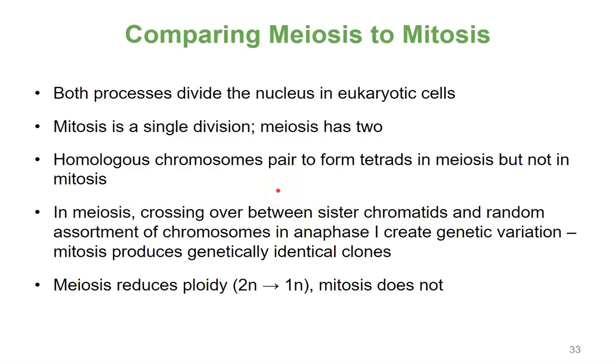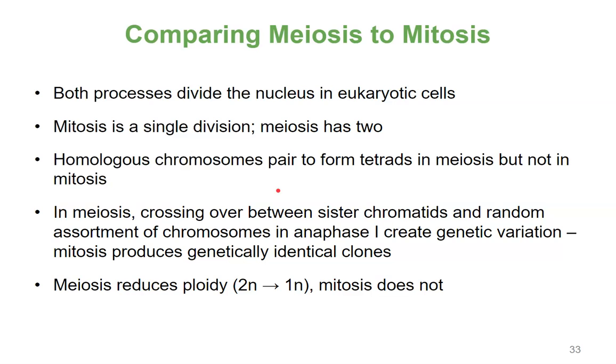So meiosis and mitosis, again, so both cells are going to divide the nucleus. We're dividing the chromosomes. Mitosis is just a single division. Meiosis has two, meiosis 1 and meiosis 2. Homologous chromosomes pair to form tetrads in meiosis, but not in mitosis.